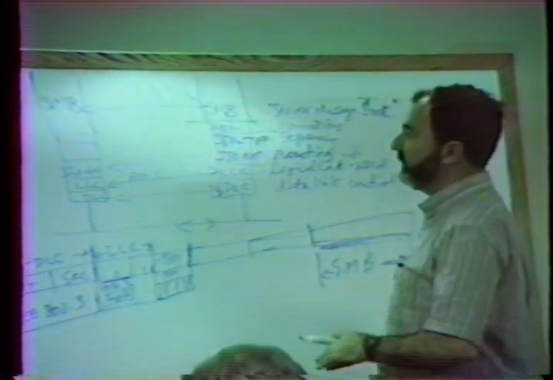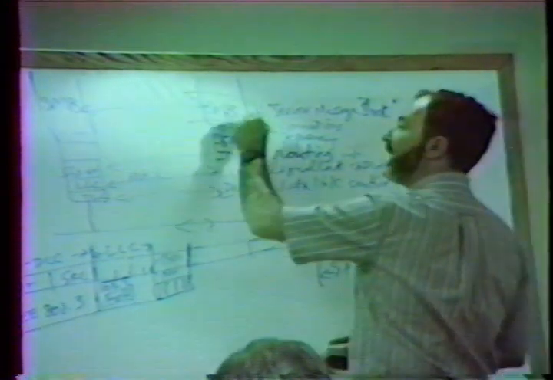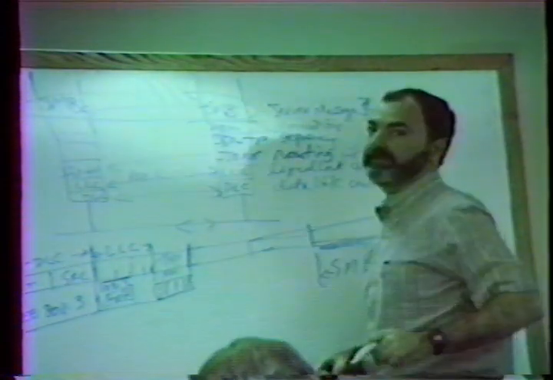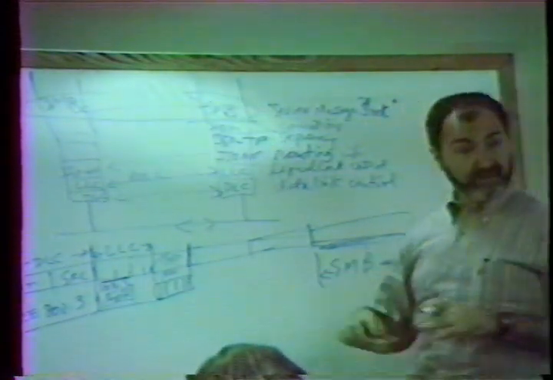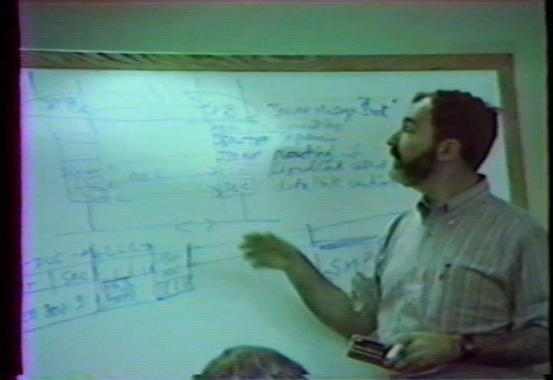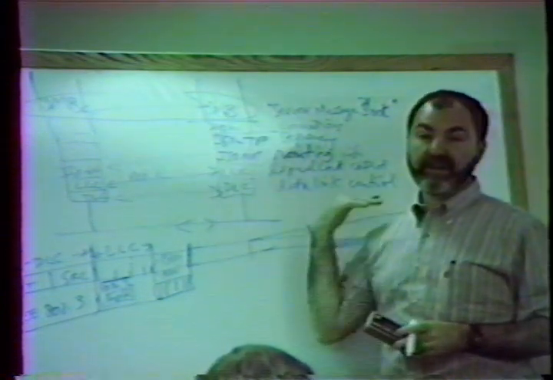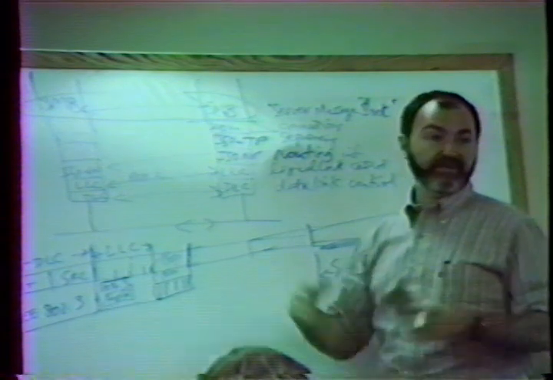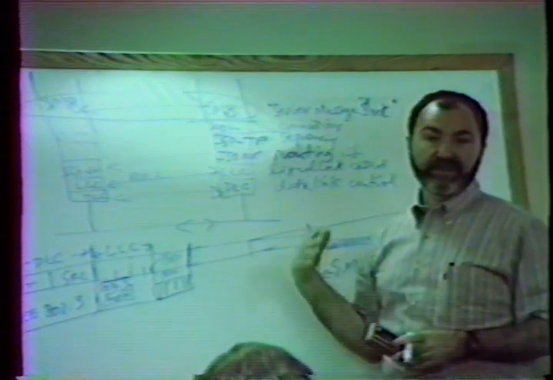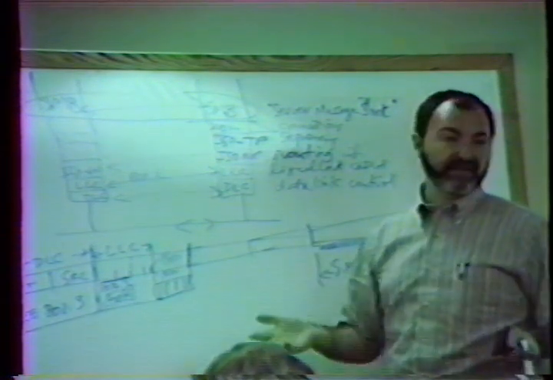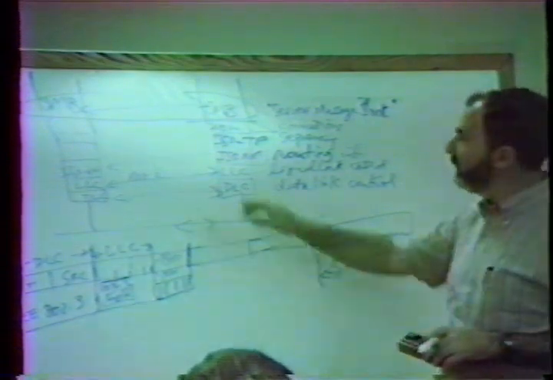Now, the sniffer's view of the world is that it knows about things like SMBs. It knows about them abstractly, whether they're being carried by ISO protocols in the case of PCI, by XNS protocols in the case of pre-nominal VAS, or by IBM's NetBIOS in the case of IBM's PCI program.